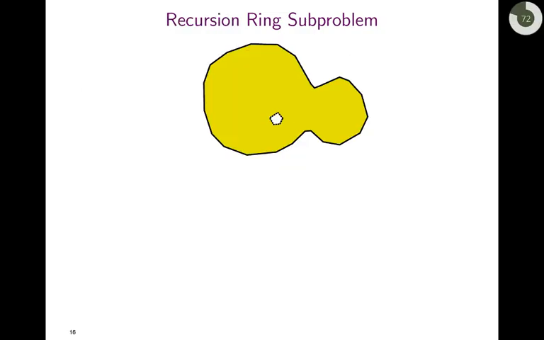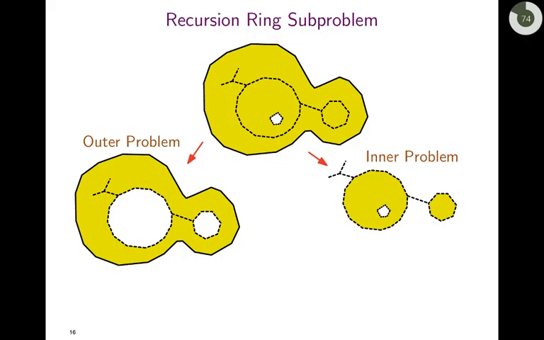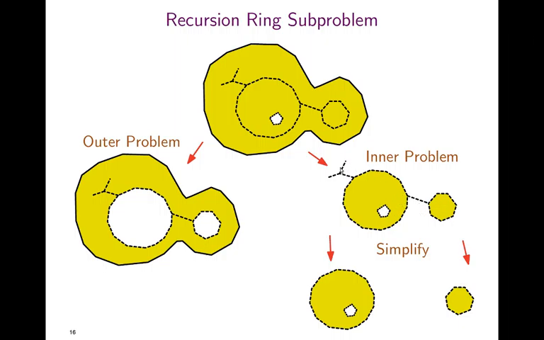Let me briefly repeat how such an algorithm looks. Here we have our problem, and we guess our layer or small layer, and then we have an outer problem and an inner problem. The inner problem might be split again because a cactus graph might have several bounded faces.